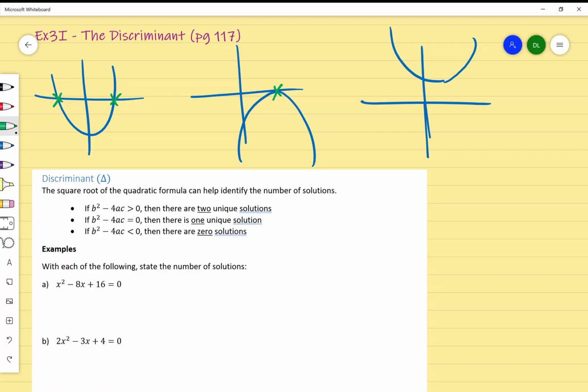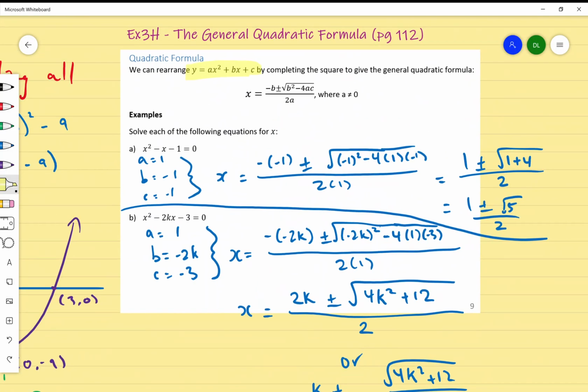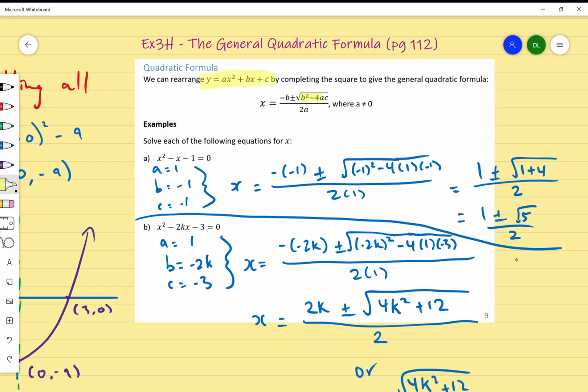This formula right here is a part of the quadratic formula. You'll notice that it's the one inside the square root, if you look back at your quadratic formula. So that's this part right here: b squared minus 4ac. Keep in mind, in the quadratic formula, it's the one inside the square root. I'm going to come back to that.